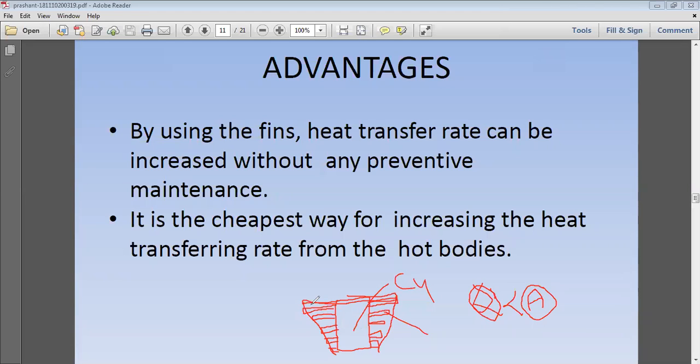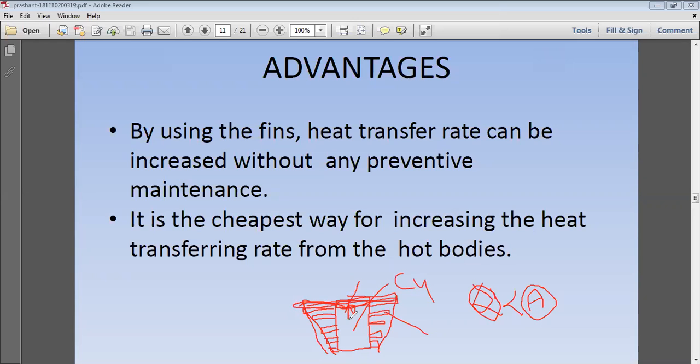You can see why the people are providing the fins over the cylinder with gradually decreasing length. At the end of the compression stroke, the maximum amount of heat will be liberated, and high temperature and high pressure are available in this position only. So we need to dissipate the heat to the surroundings immediately by providing the longer length.